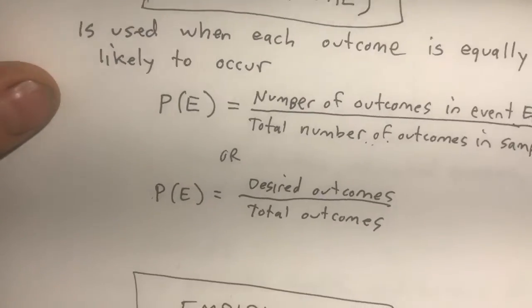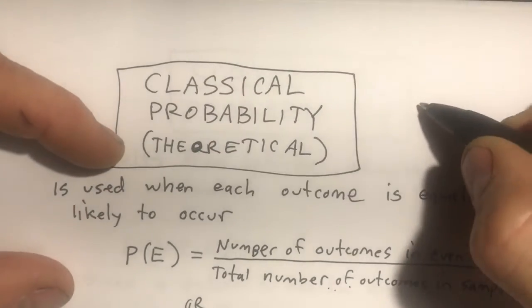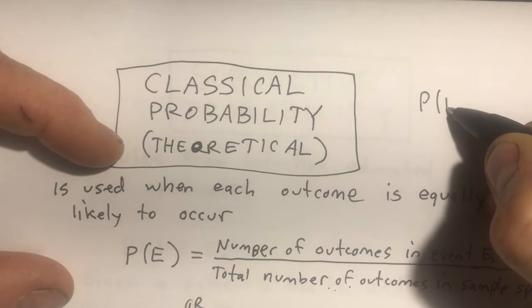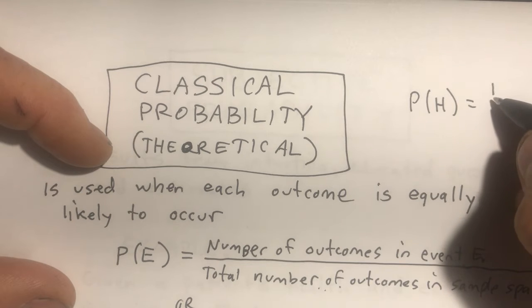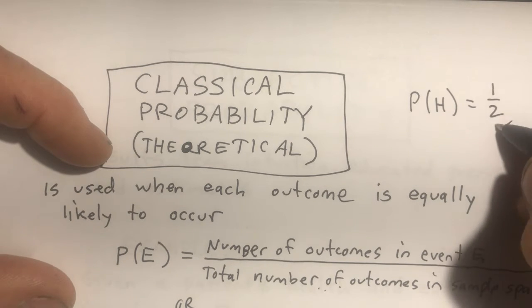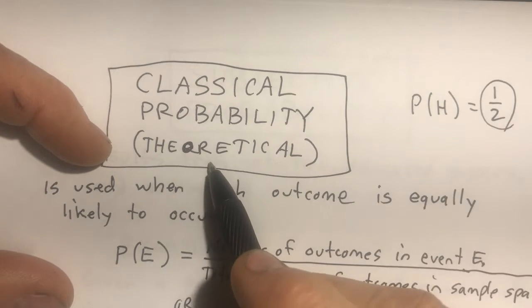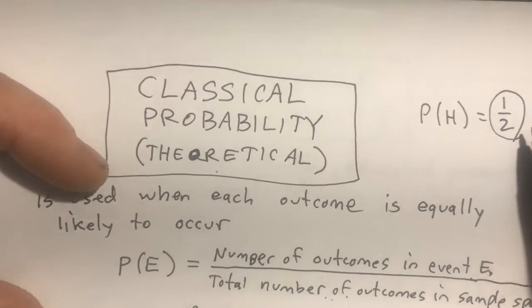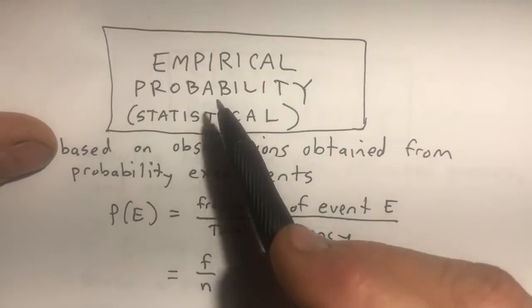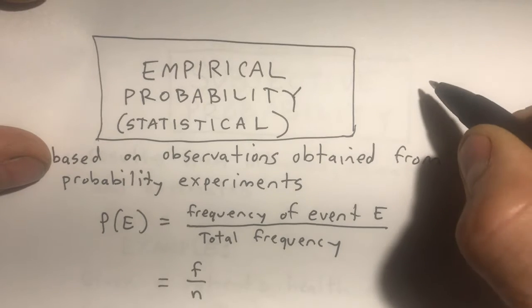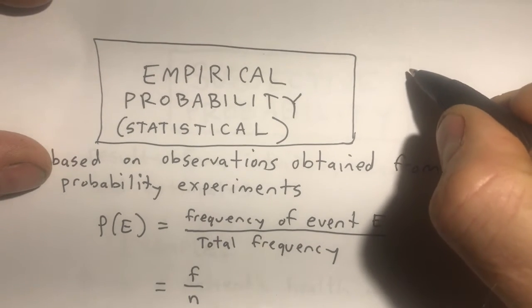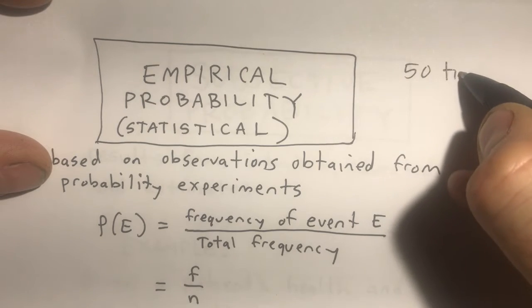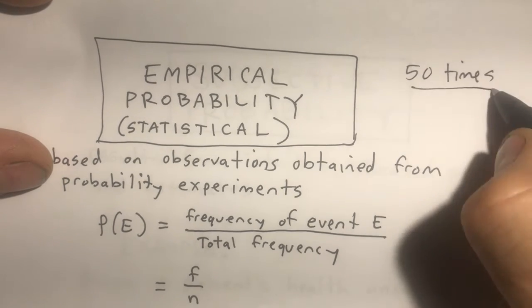Or let's look at it this way. The probability that I flip a coin and I get a head. Okay, there's 1 head out of 2 total. So that's a 1/2. That's classical probability. That's what you would expect to happen. But if I do it several times, empirical probability, so suppose I flip this coin 50 times.